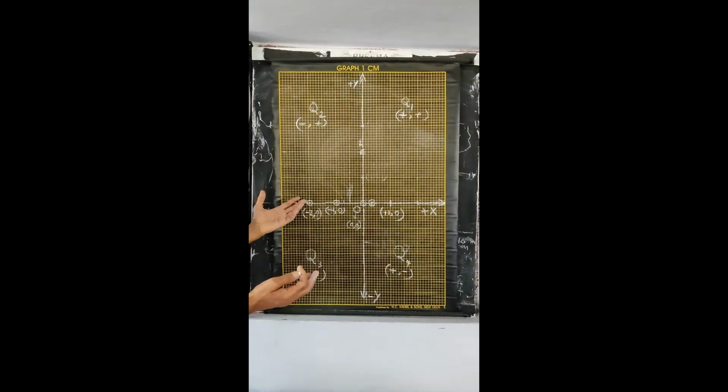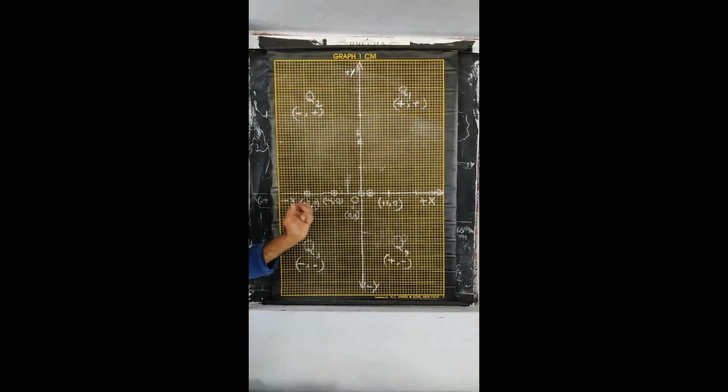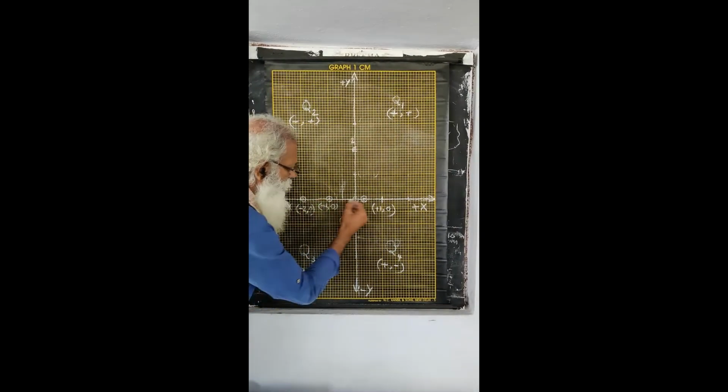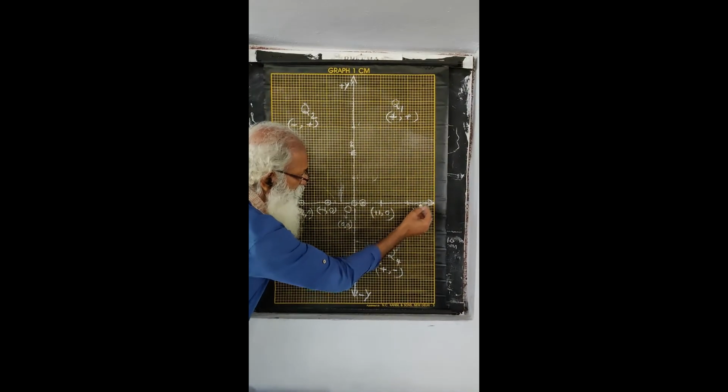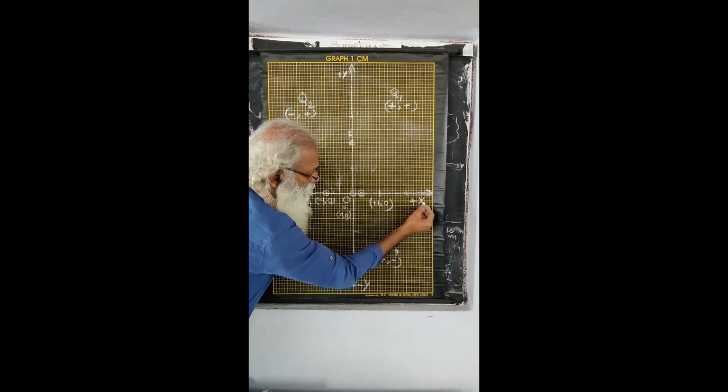Let's briefly summarize. Okay, wonderful. I have already pointed out the most important aspects, but let me speak it out. So we draw a line horizontally, and to the right we put an arrow, and that is the direction of plus x-axis.